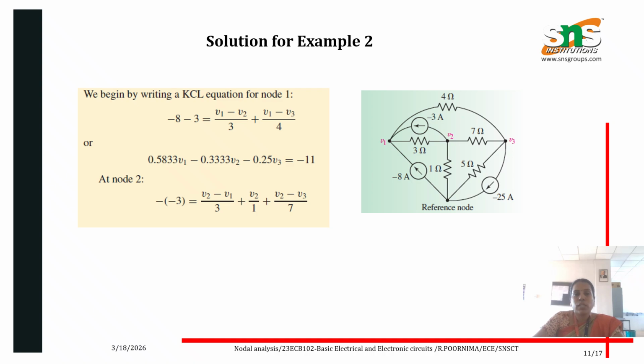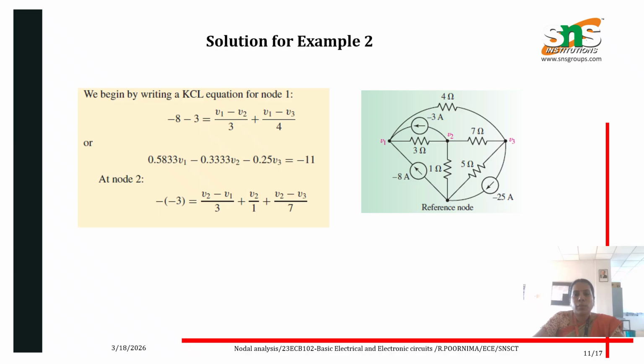By applying the KCL equation for node 1, there are two entering currents, minus 8 and minus 3, and V1 minus V2 divided by V3 is a leaving current, and V1 minus V3 divided by 4 is the other leaving current. So this equation is solved for node 1.